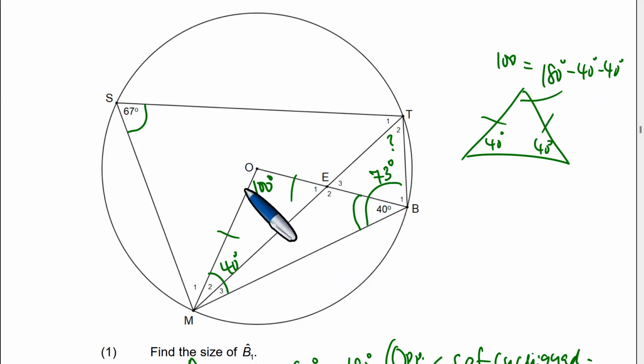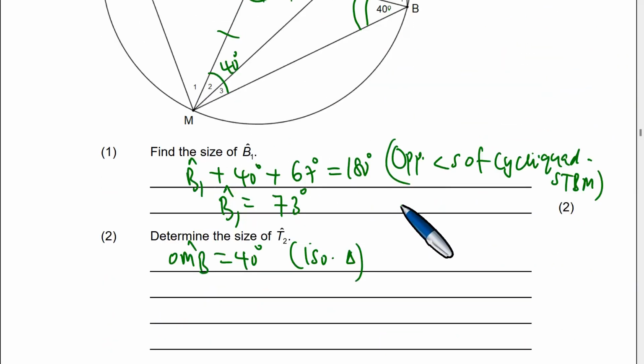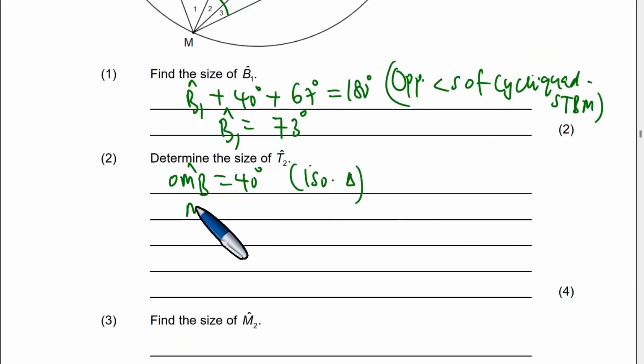So angle MOB is 100 degrees because of angles in a triangle.